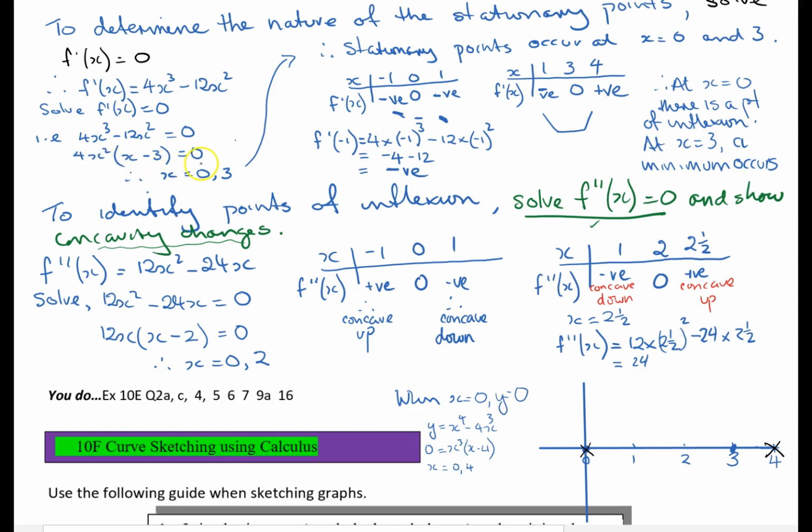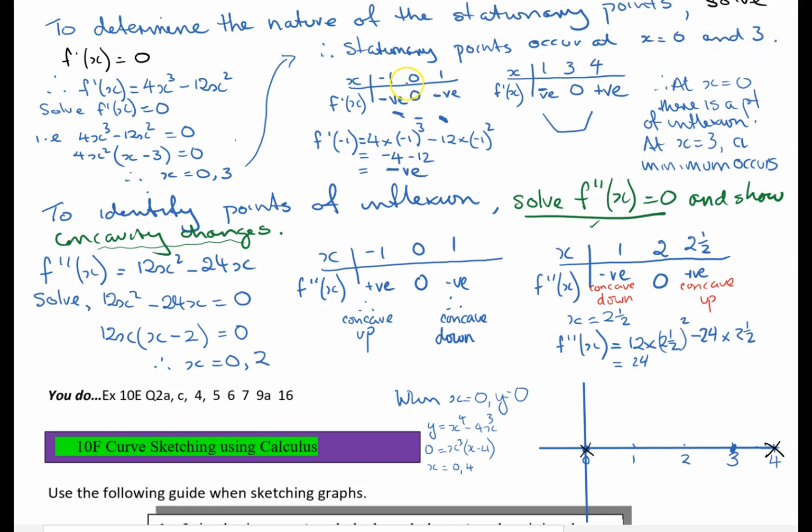If this product is equal to 0, then either 4x squared is equal to 0, so x must be 0, or this bracket is equal to 0, which means x must be 3. So we've established there are 2 stationary points, one at x is 0 and one at x is 3.